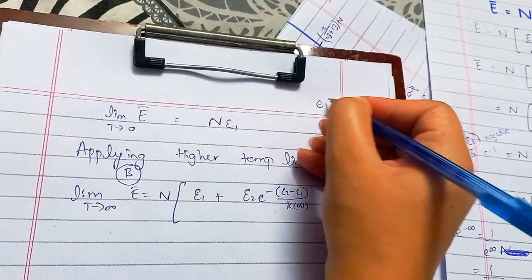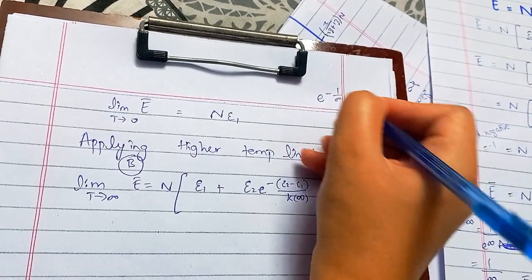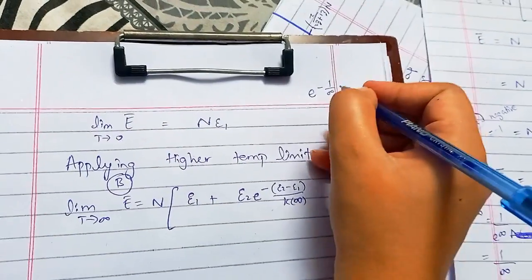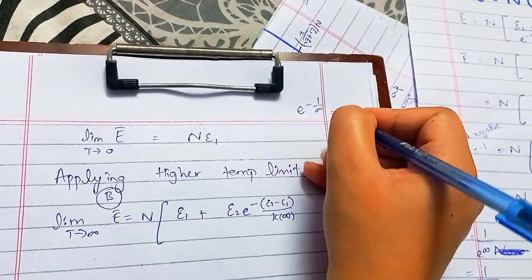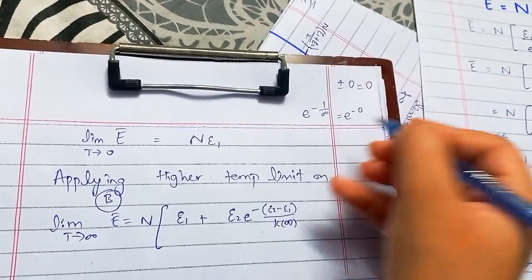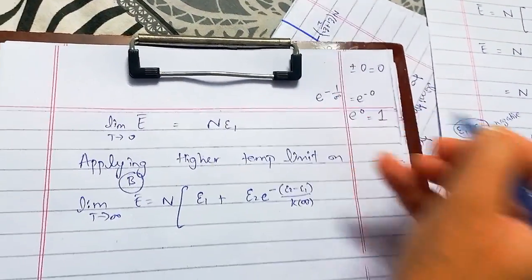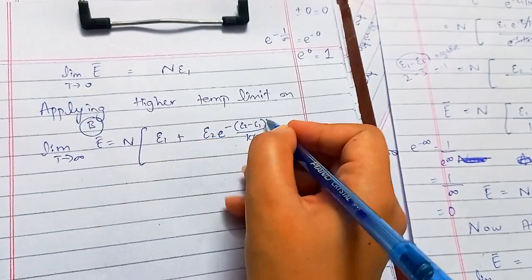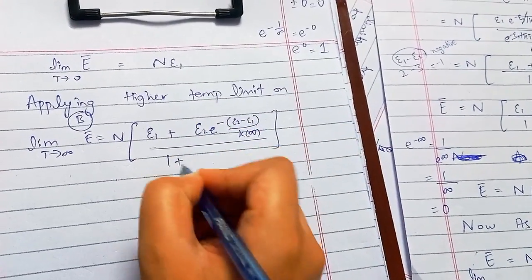It's like e to the power minus 1 over infinity, and we know that 1 over infinity is 0, so e to the power minus 0 is e to the power 0, which equals 1. Alright, so this is what's going to happen now.